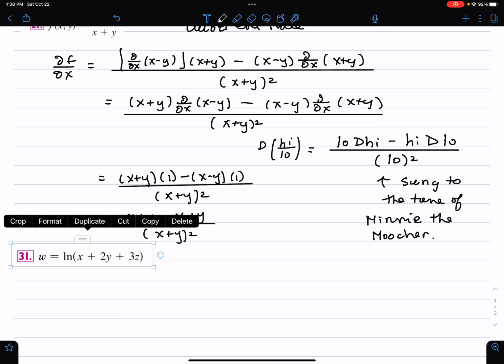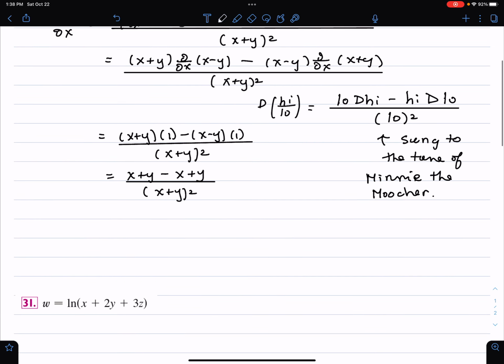Looks like I don't have nearly enough space for this. So it's going to be 2x over x plus y squared because of cancellation. Oh, I totally did that one wrong again. Another mistake. Okay. I did it before, I just wrote down canceling. Okay, then we have that.